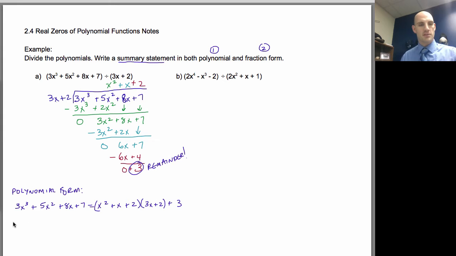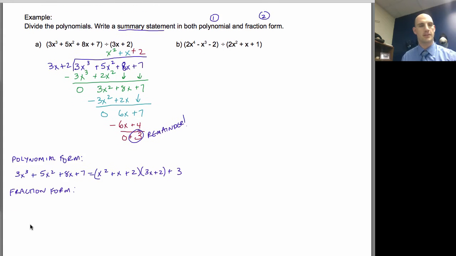Our second form is fraction form. And that's going to be written more like what the problem looks like. I'll show you what it looks like.